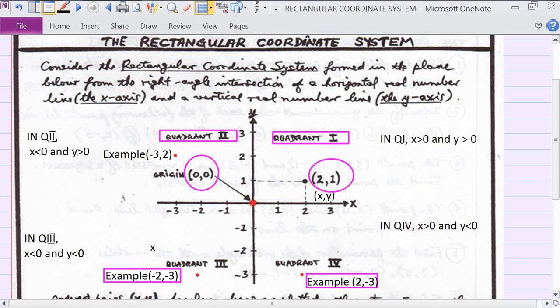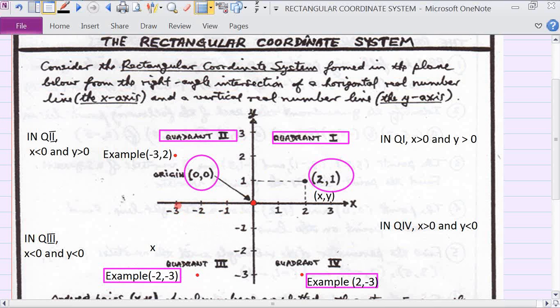Now we're always starting from the point (0, 0), and that's called the origin. It means that x is 0 and y is 0. This point right here is the origin. Now, if I wanted to plot the point (-3, 2), this means that x is -3, the first number is always the x, and y is 2. So we move out -1, -2, -3.